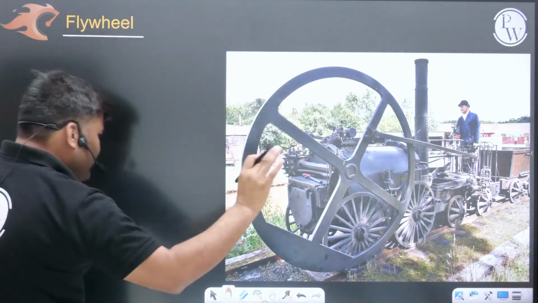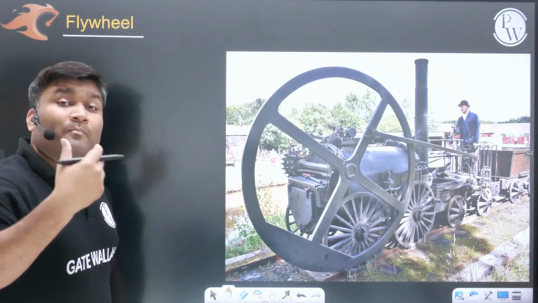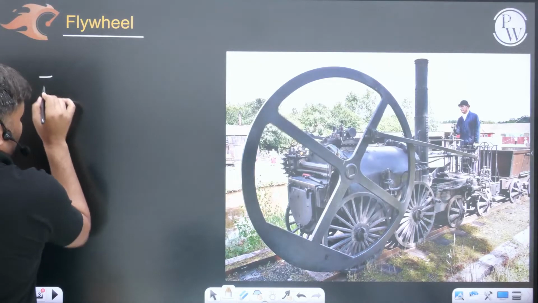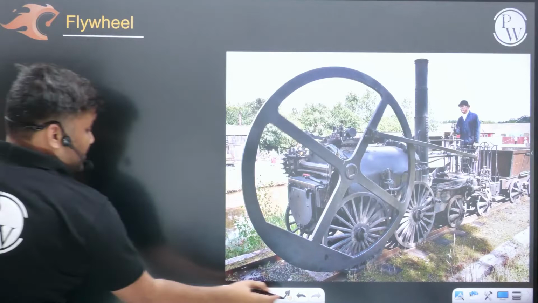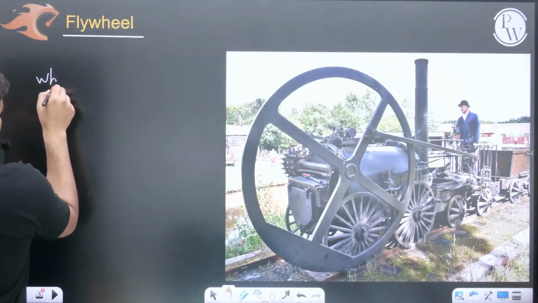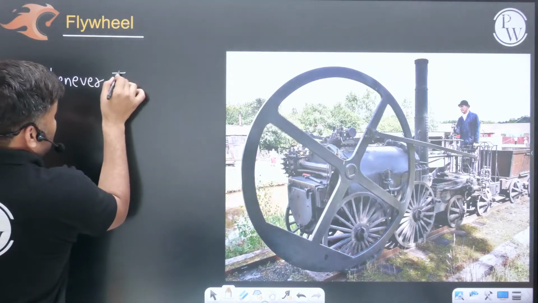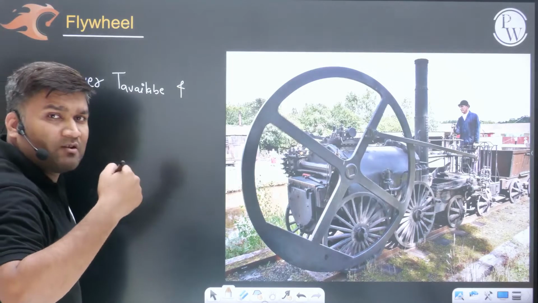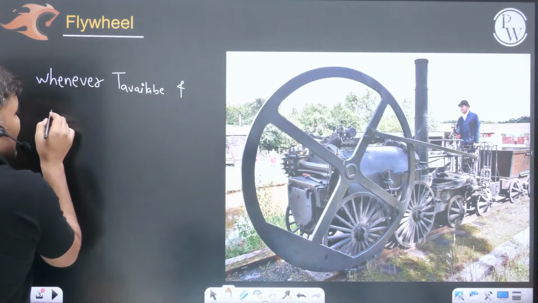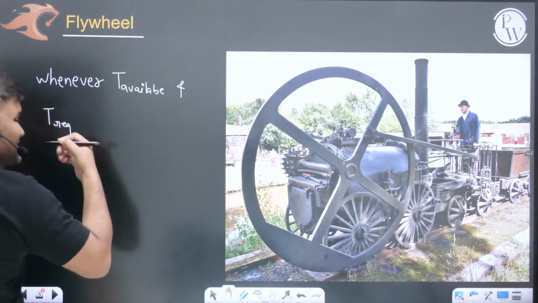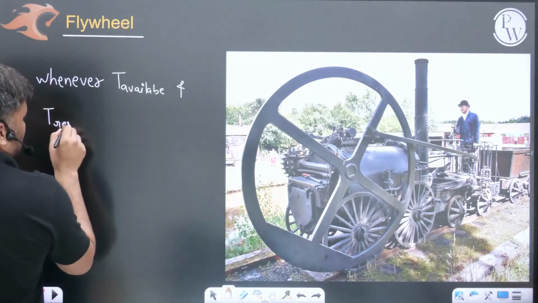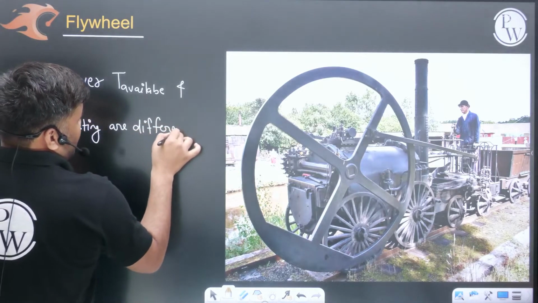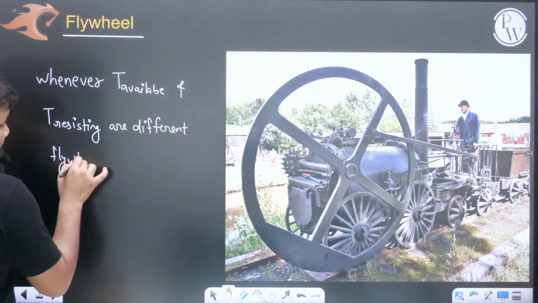Flywheel, doesn't matter whether we are using engine or we are using motor, irrespective of that, whenever available torque and resisting torque, which can also be said as required torque, are different, flywheel is needed.